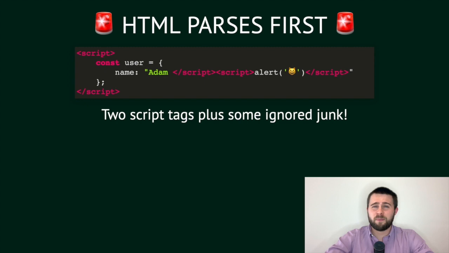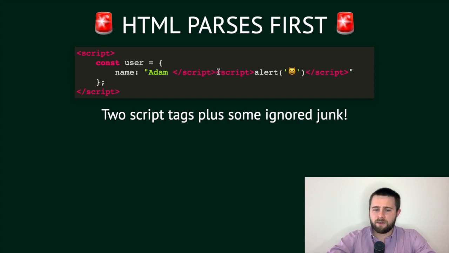The browser, when it's parsing the HTML, does not parse the JavaScript within it. So this first script tag starts a context whilst the HTML parser is running that's simply looking for a closing script tag, and so it ends at this point. So this first script tag has basically a fragment of JavaScript, and when this gets executed, it would be a syntax error because there's an unfinished string here.